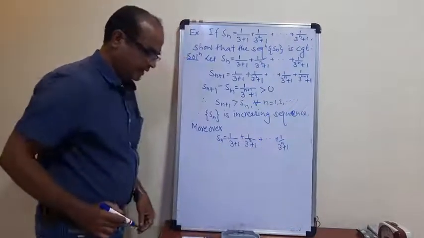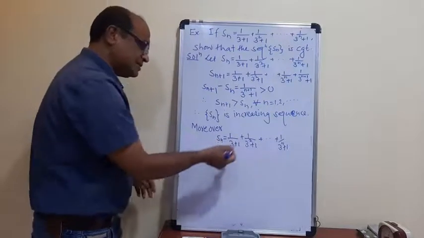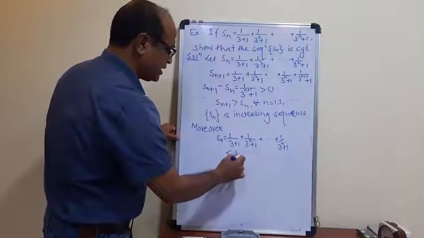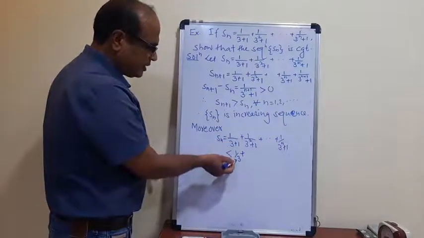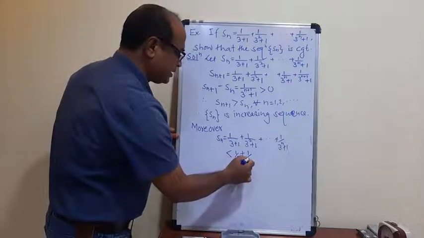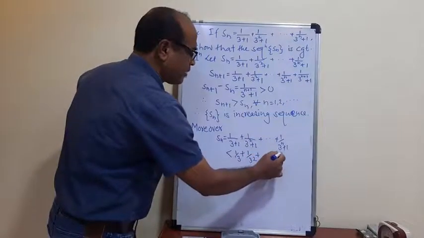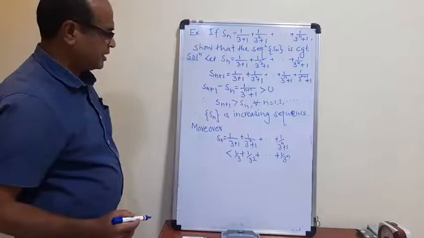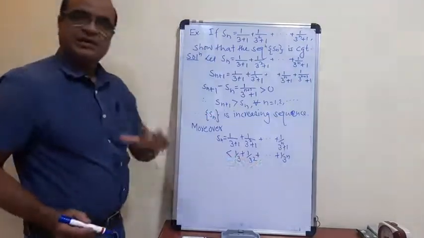But Sn is less than 1 upon 3 plus 1 upon 3 square and so on up to 1 upon 3 raised to n, because 1 upon 4 is less than 1 upon 3. So Sn is less than this.